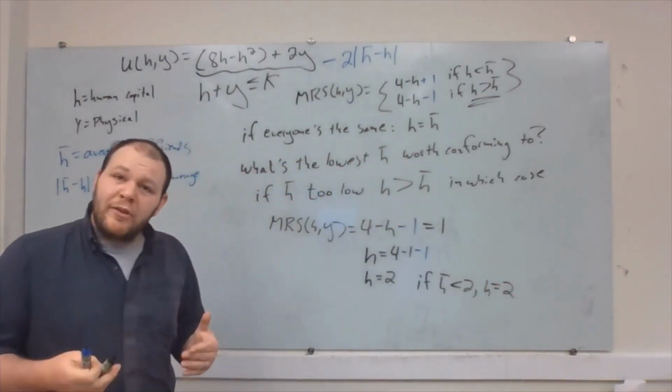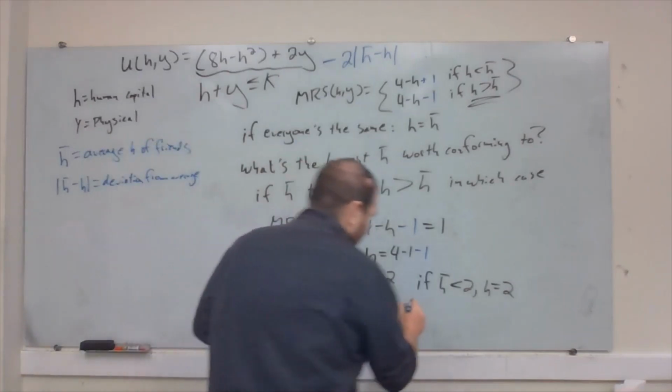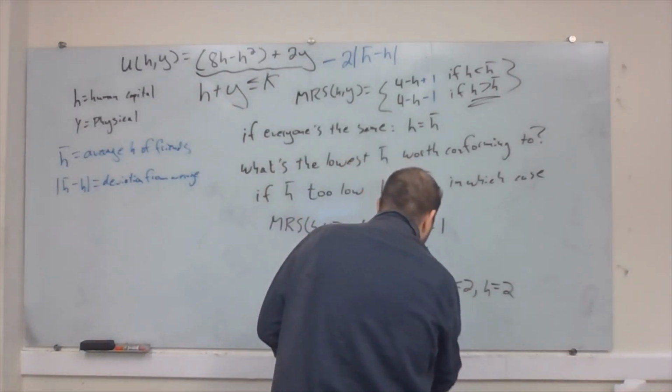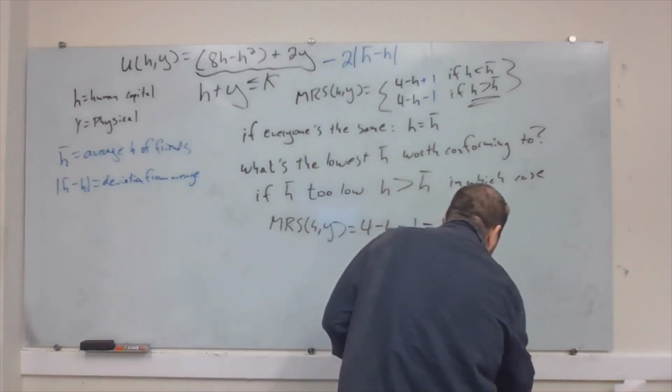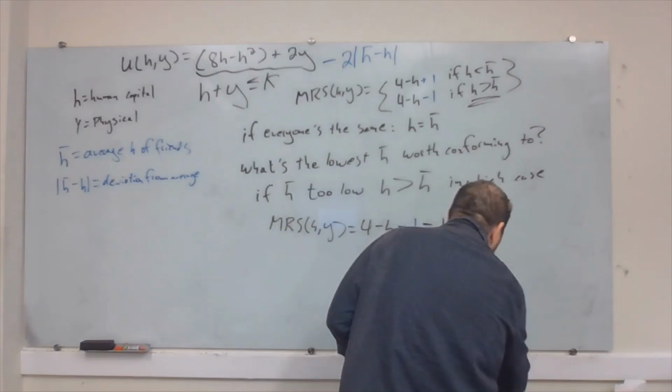If h bar was greater than 2, h would not be less than h bar. Or, I'm sorry, h would not be greater than h bar.